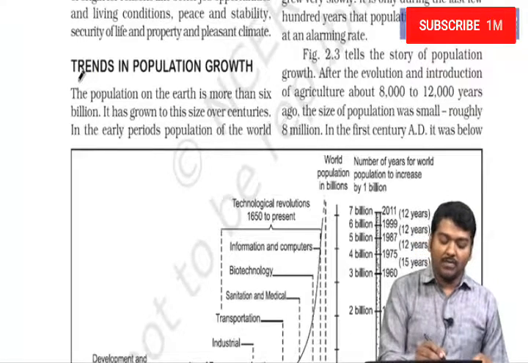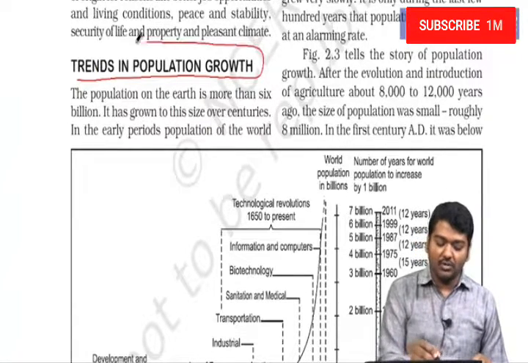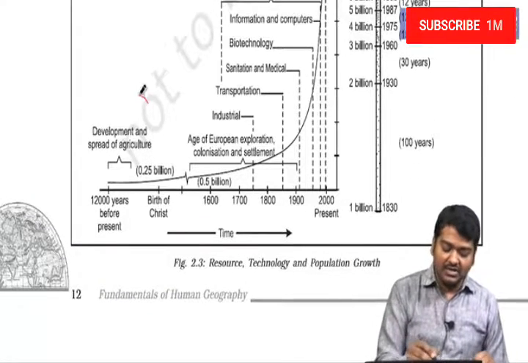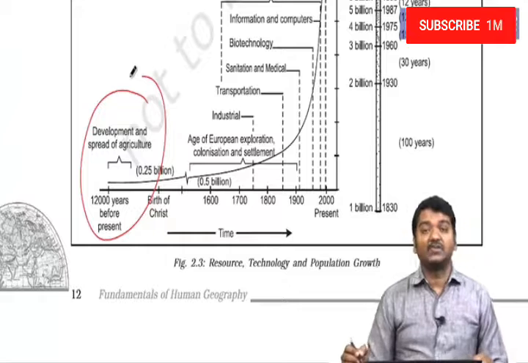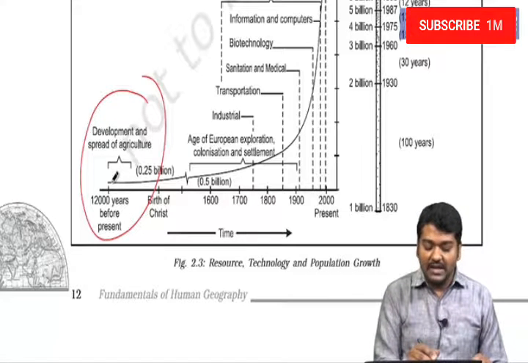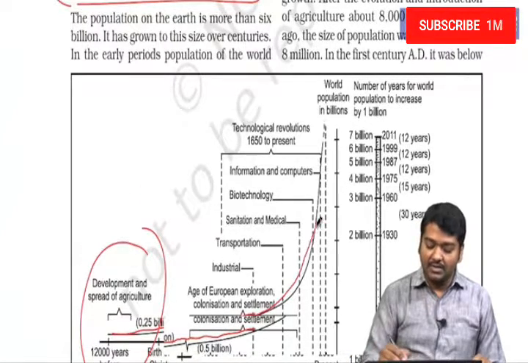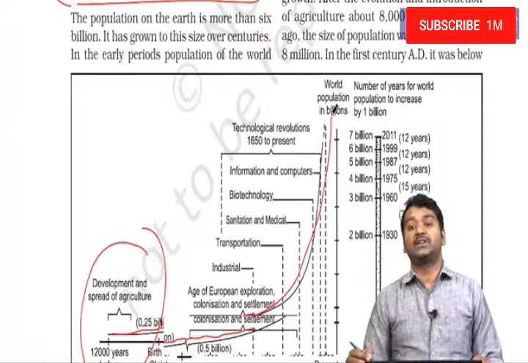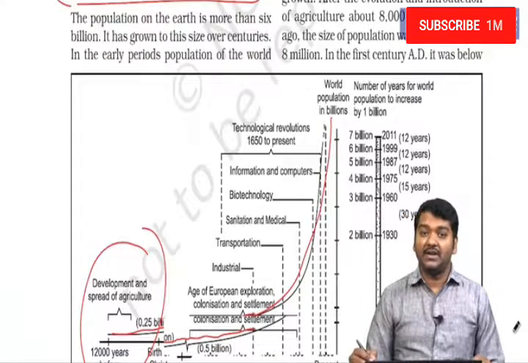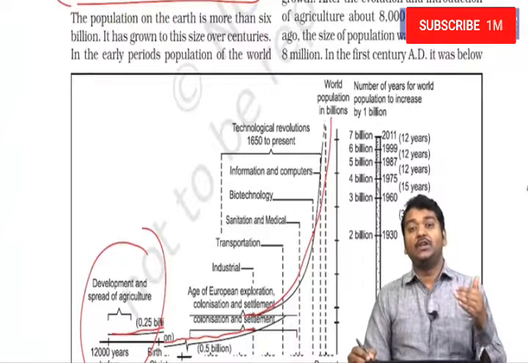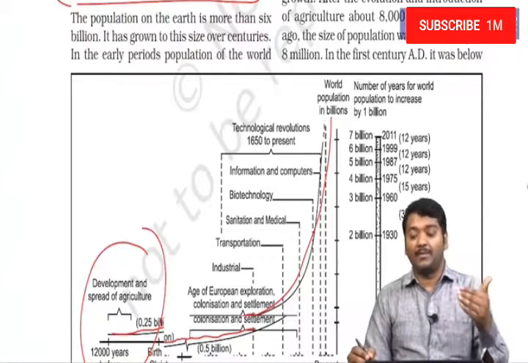And then we need to talk about the trends in population growth, how it has changed over centuries. So here you can see initially with the development and spread of agriculture, there is a little bit of rise, right? And European settlements, industrialization, can you see it led to this? And with technological advancement, especially when the death rate starts reducing, we usually observe that the population growth has increased tremendously.